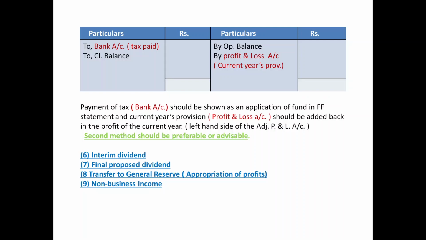Once you do it, then it would be the fund cash profit generated from business operation, and it would be reported in the fund flow statement as a receipt of fund from business operation on the sources side of the fund flow statement. So it's a big process of conversion of net profit into fund cash profit generated from business operation.